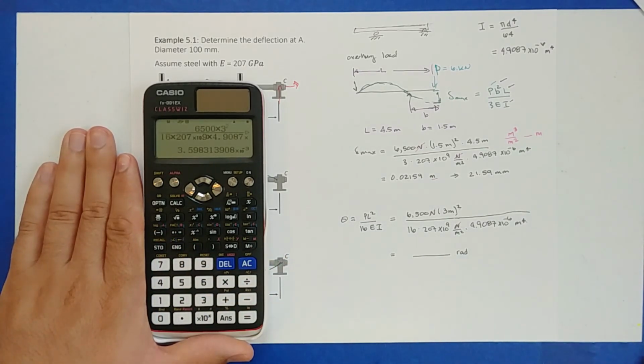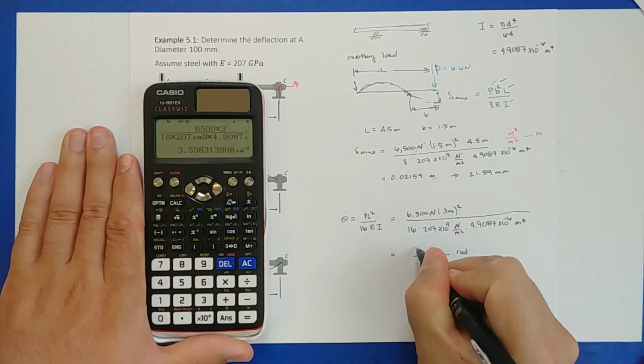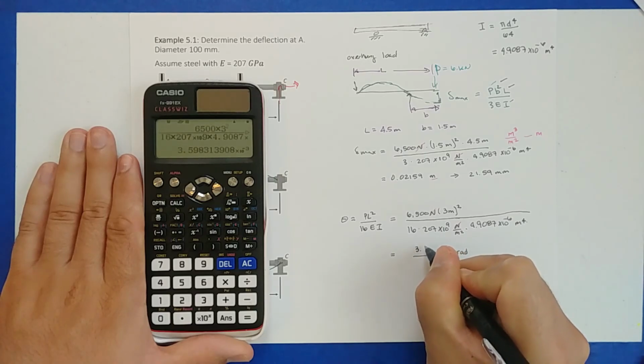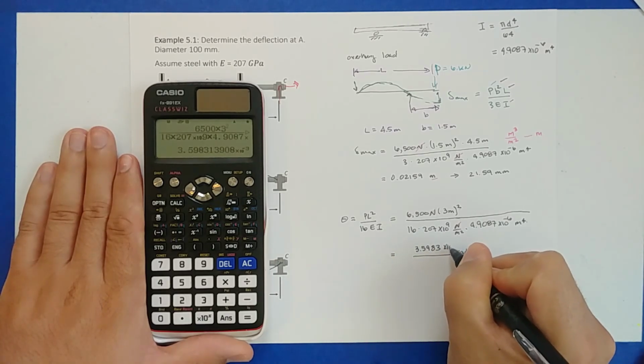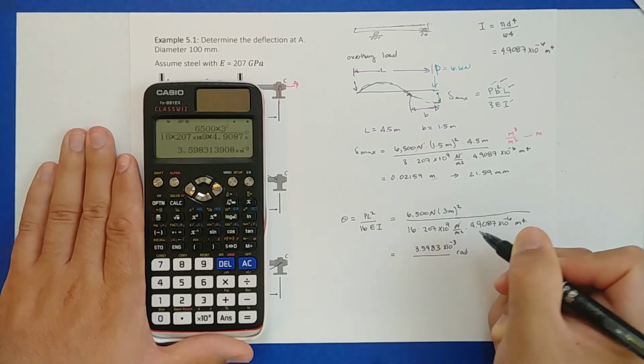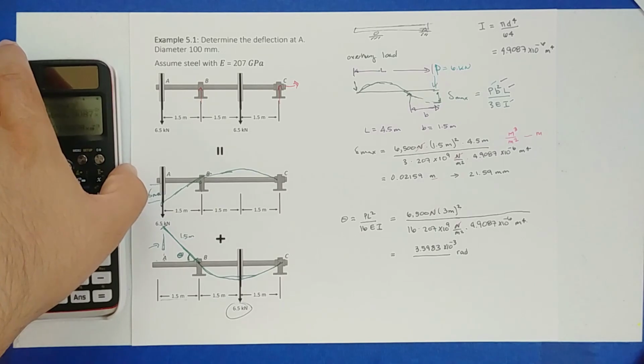And we get 3.5983 times 10 to the minus 3 radians. Okay, so that's the angle in radians.